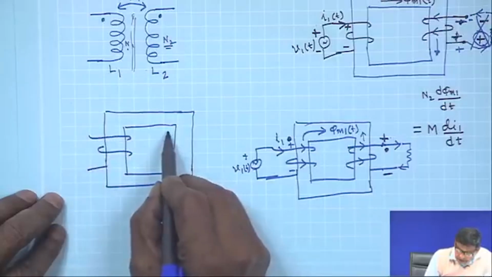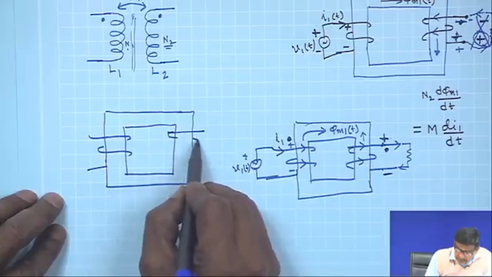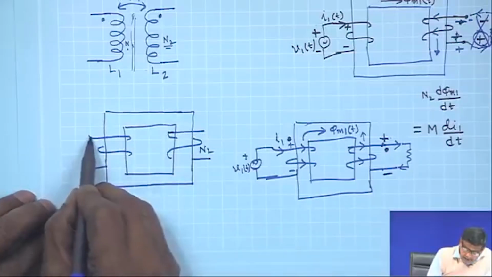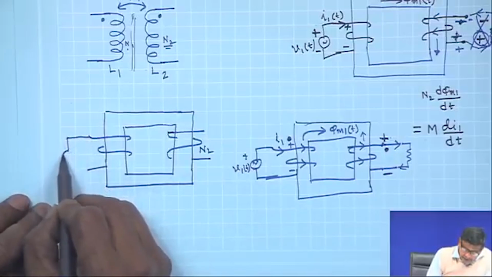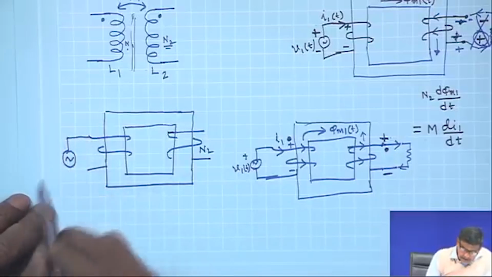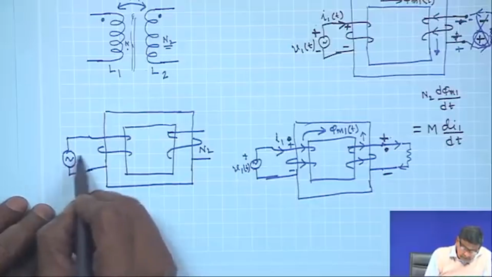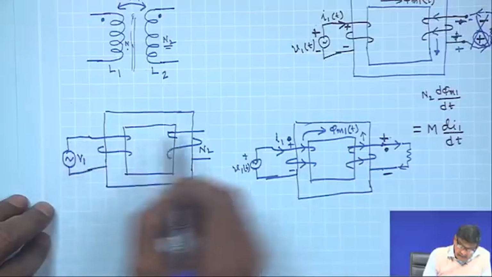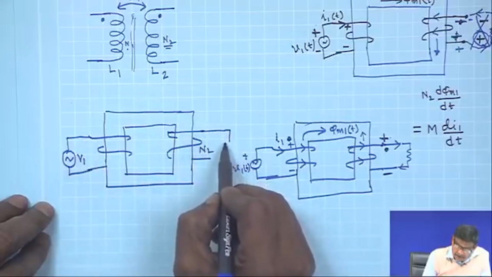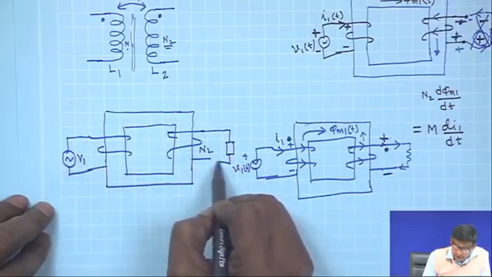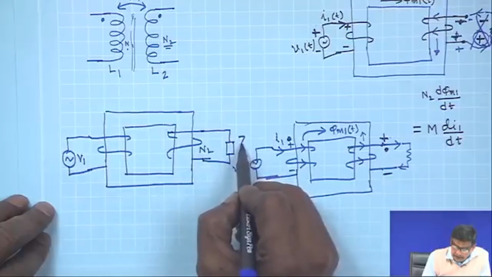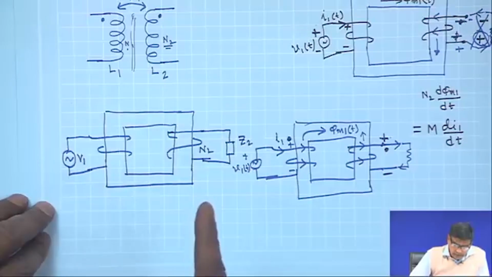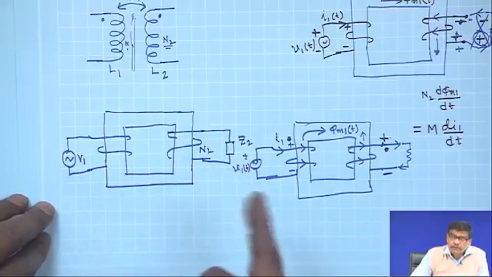This is one coil, this is another coil with N 2 turns, and here you have connected an AC source of voltage V 1 phasor, and here you have connected a load on the secondary side whose impedance is Z 2. I am not putting bars, but you must bear in mind these are all complex numbers, Z 2.